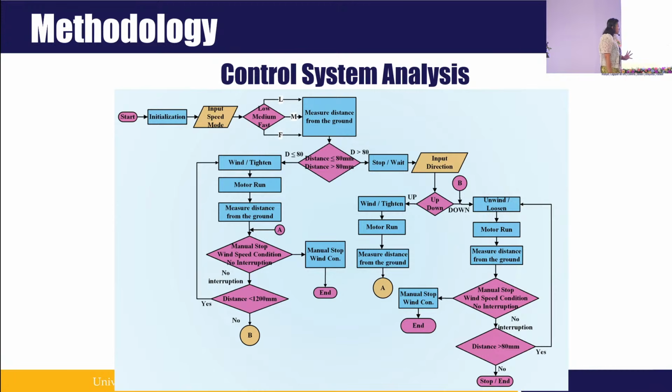With a certain wind condition like a wind gust, or any problem with the robot, you can end the process. If there is no interruption, it will just go downwards and then end the process.